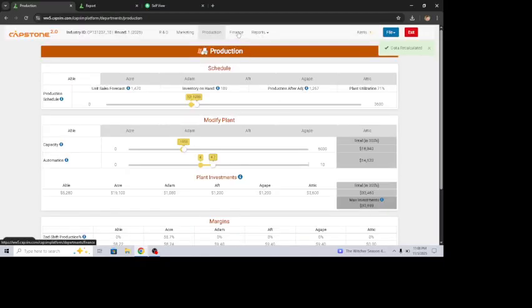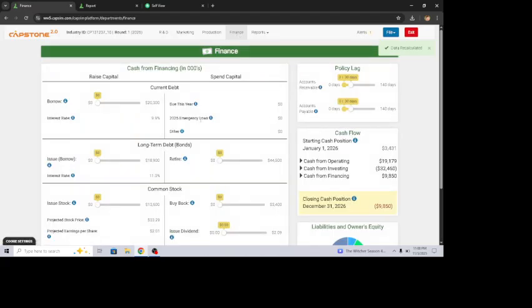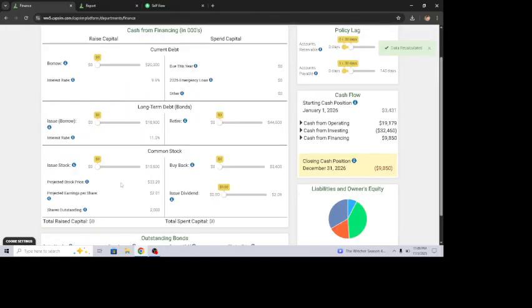We'll go to our final department, which is finance. And looking at finance, here we can either raise capital or spend capital. Because this is our first round, we are investing in our company, so we are going to borrow. This is the current debt, then there is the long-term debt, there is the issue stock.